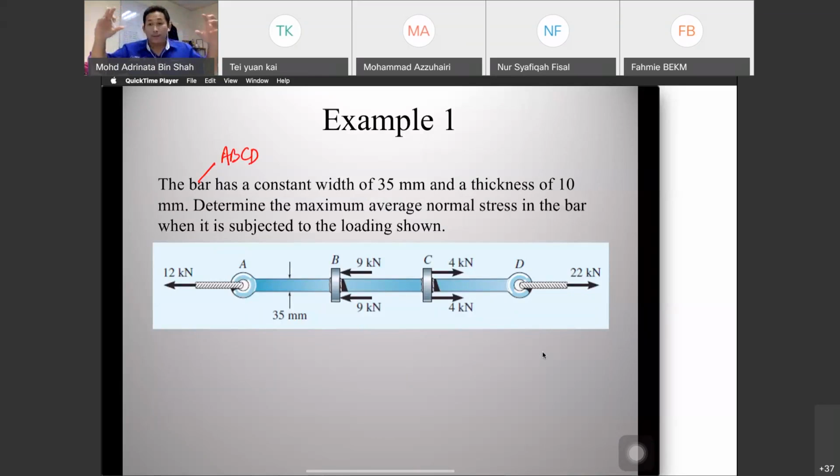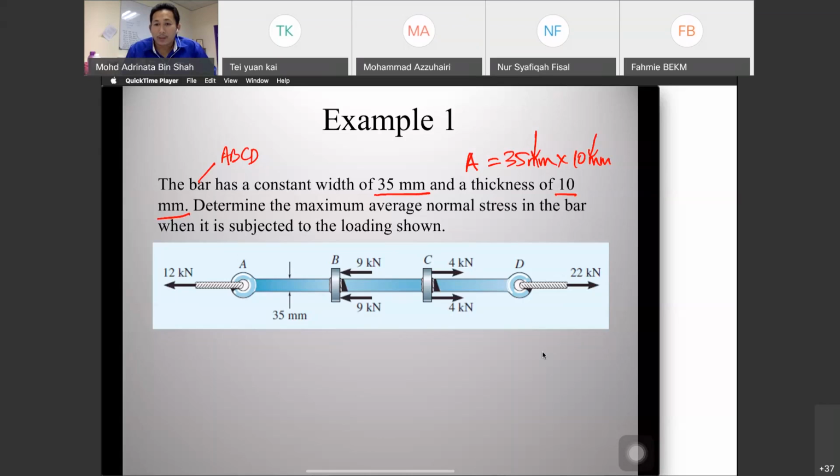The whole bar has a constant width of 35 mm and a thickness of 10 mm. So ini apa dia? So ini adalah dia punya A. A is equal to 35 mm times 10 mm. Beware of mm. Okay. So 35 mm times 10 mm. This is the area. So area in mm square.